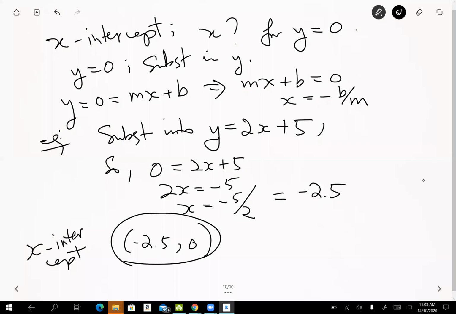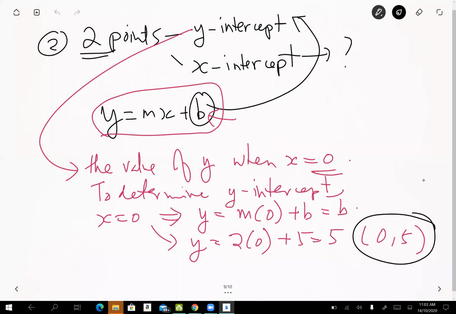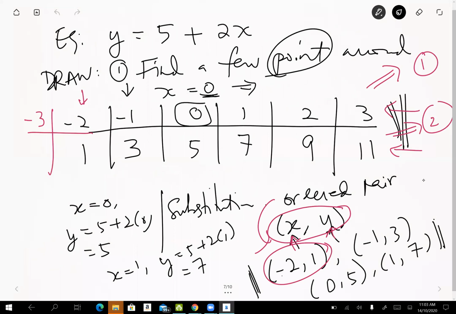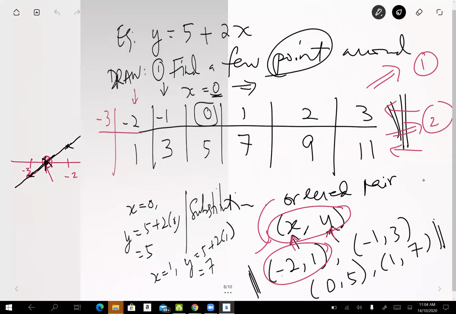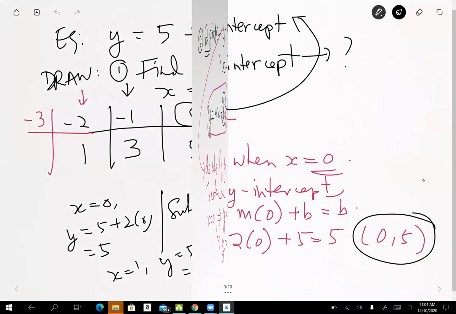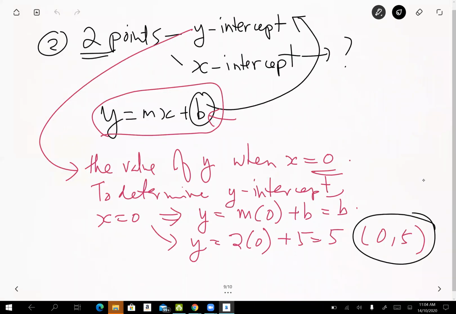So you draw the graph. We need only 2 points, and then you connect them. You will get the same line. So the second method is actually more simple and more straightforward because we need only to find 2 points.